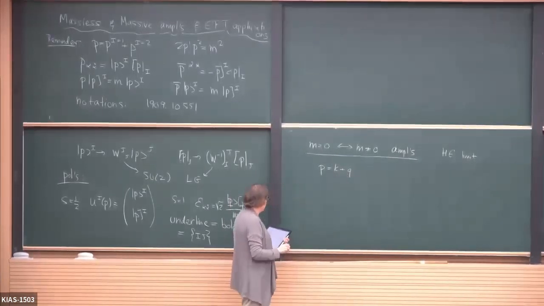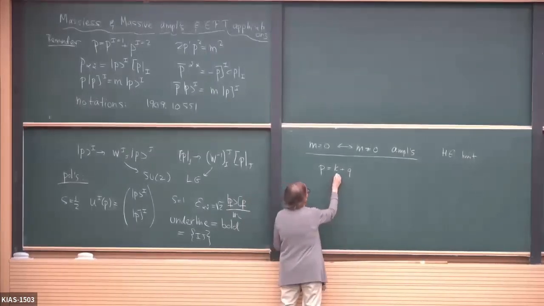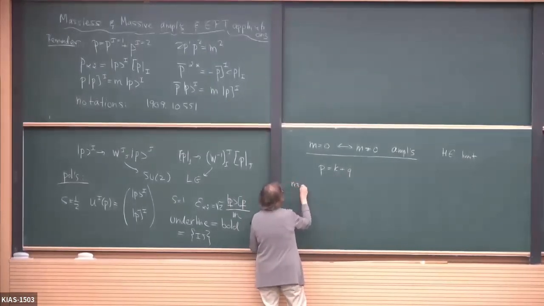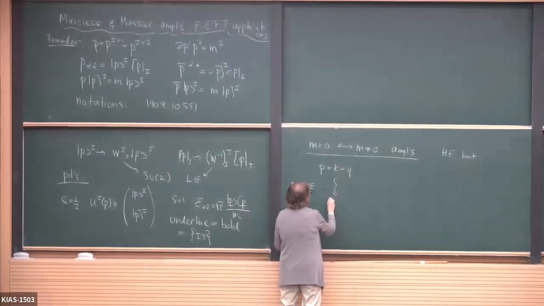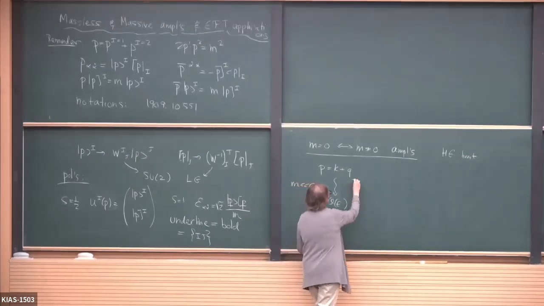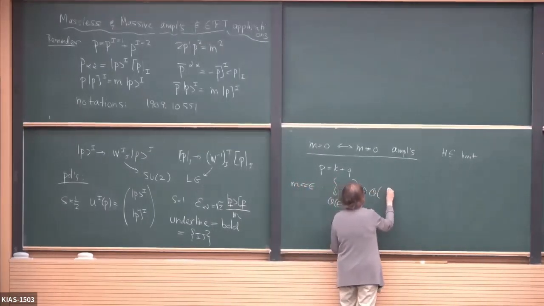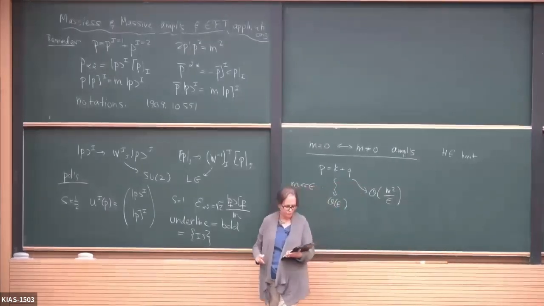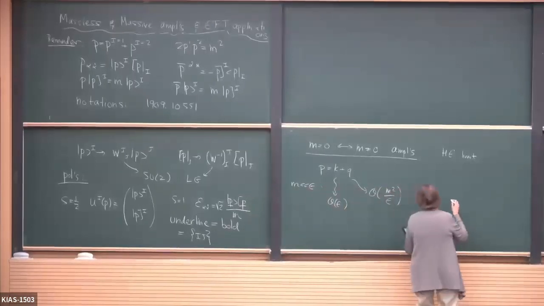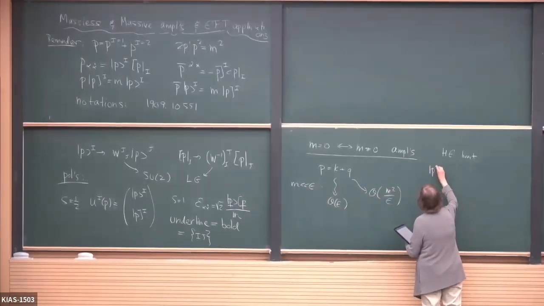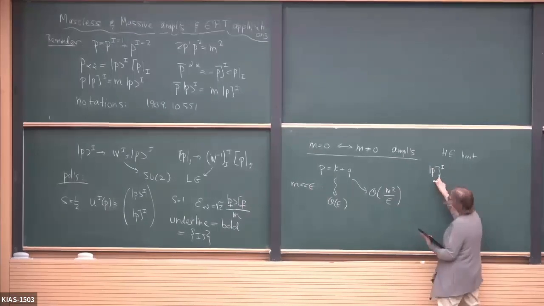And I can always choose to work such that in the high energy limit, so now I'm going to talk about high energy, m is much smaller than E, this one can be order E, and then this one is order m squared over E. Once we make this choice, only one of these survives.